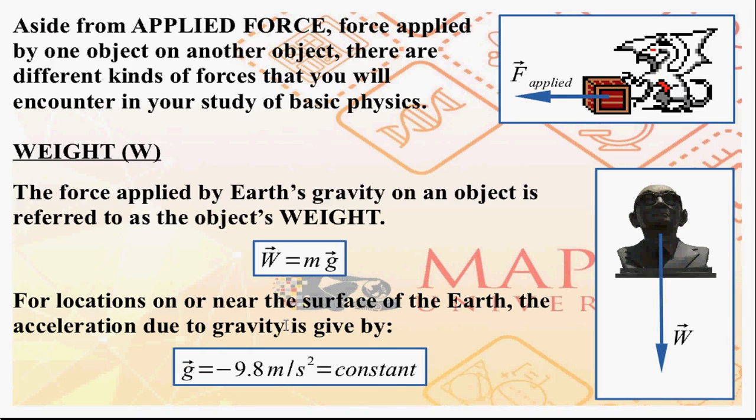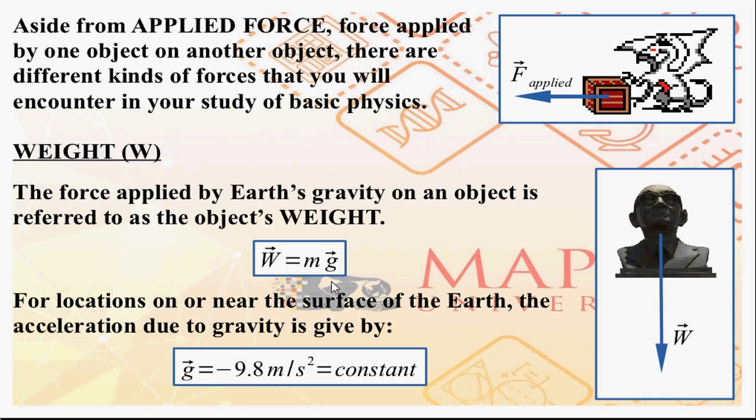So the weight of an object is constant because both mass and acceleration due to gravity are constant. And note that as far as our course is concerned, g is negative, heading towards the ground or towards the negative y direction.